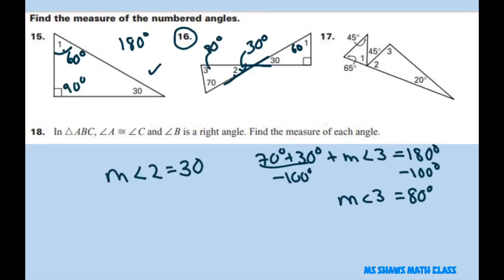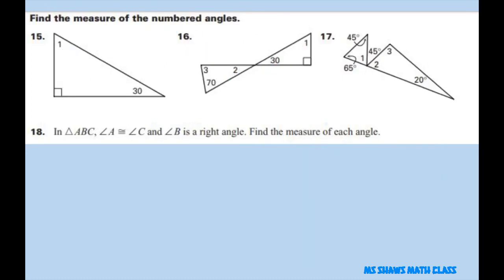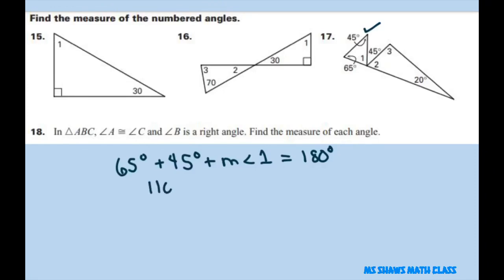All right, and then for 17, I know that we have 65. I'm looking at this smaller triangle here. We have 65 degrees plus 45 degrees plus the measure of angle 1 should equal 180 degrees. So 65 plus 45 is 110 degrees.